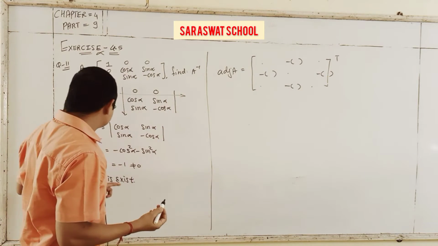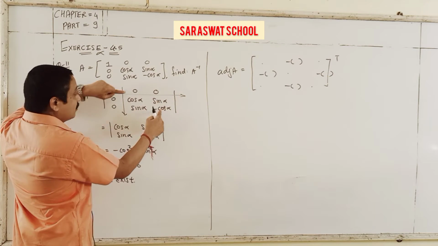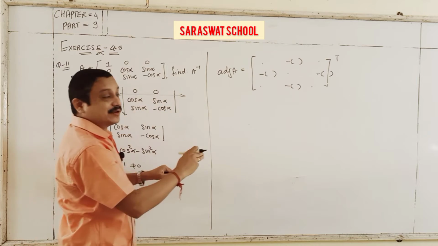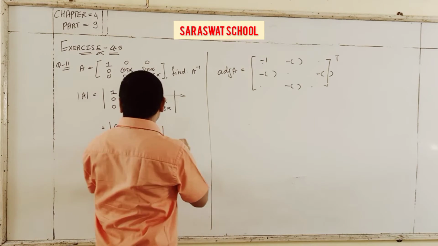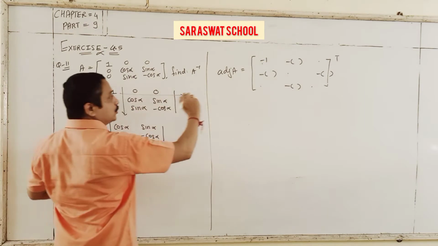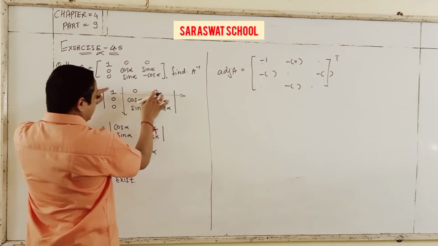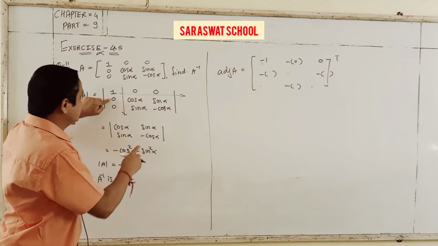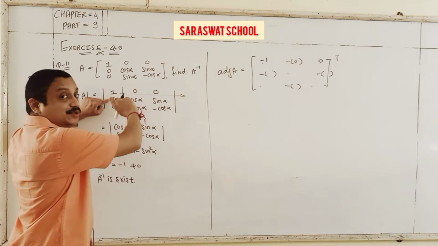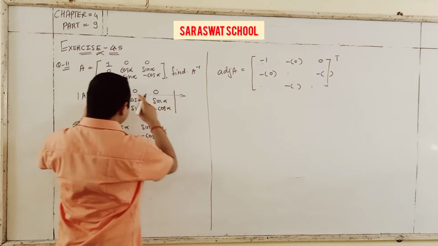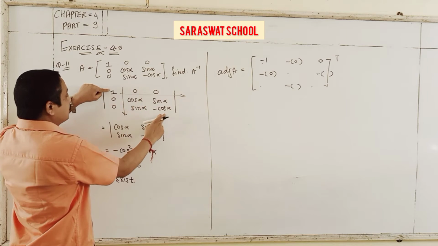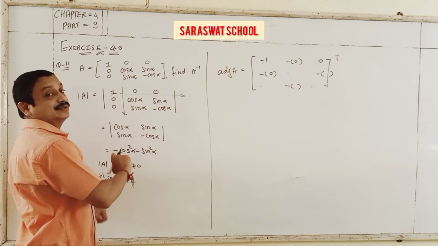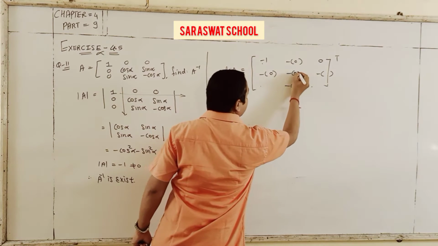The cofactors are: first, cos square alpha minus minus sin square alpha, which is minus 1. Second, 0 minus 0. Third, again 0 minus 0. Next, in this place, 0 minus 0, very easy. Now the middle one, so minus cos alpha minus 0, which means minus cos alpha.